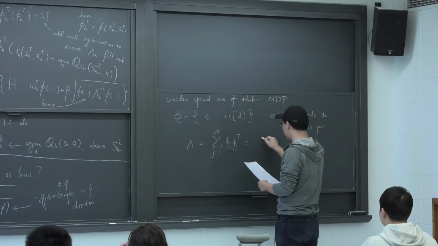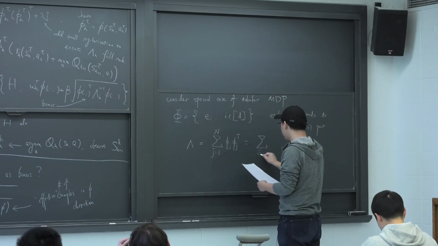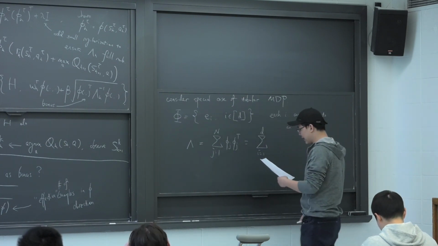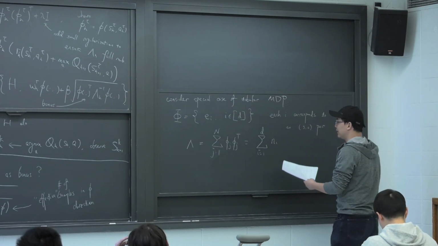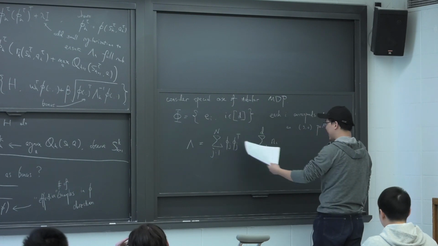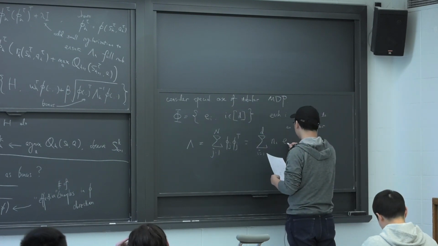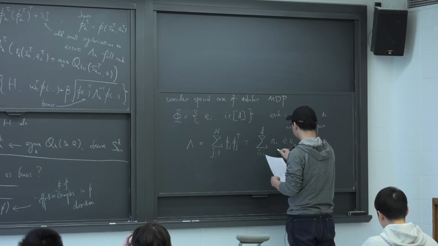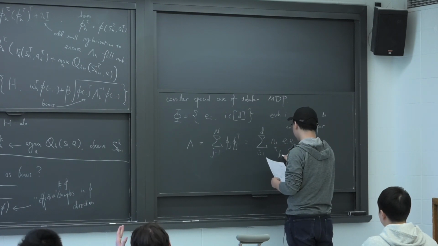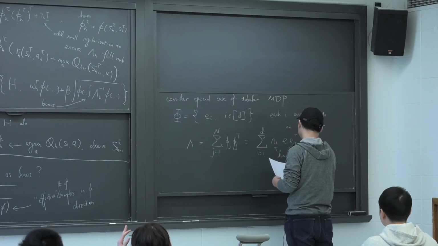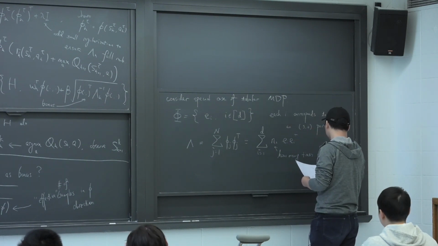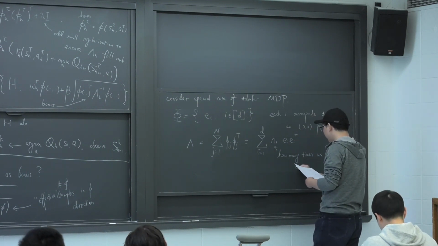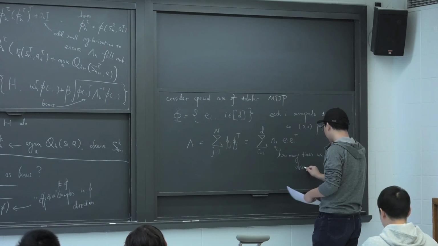So it's a summation i from 1 to d, times how many times we have observed this e_i in all the past data, times e_i transpose. This is how many times we have observed e_i.